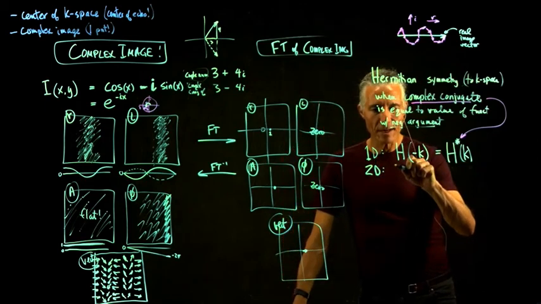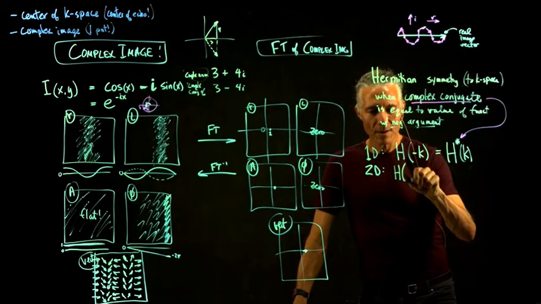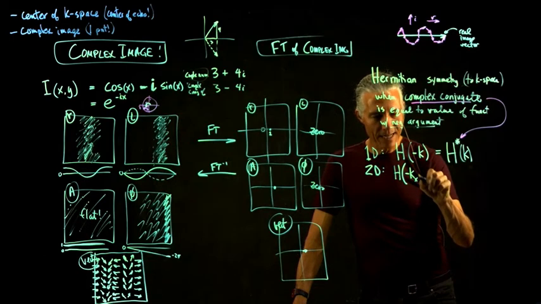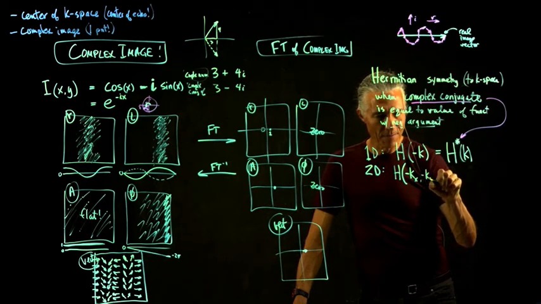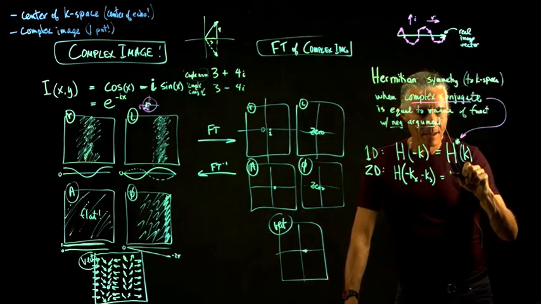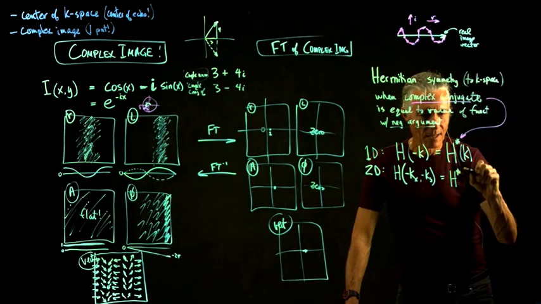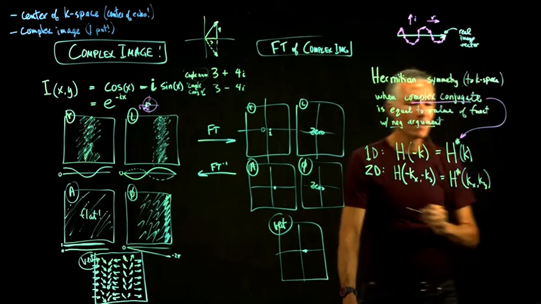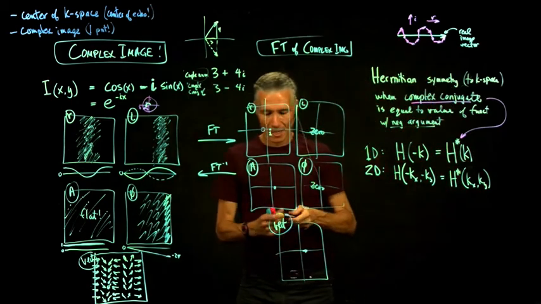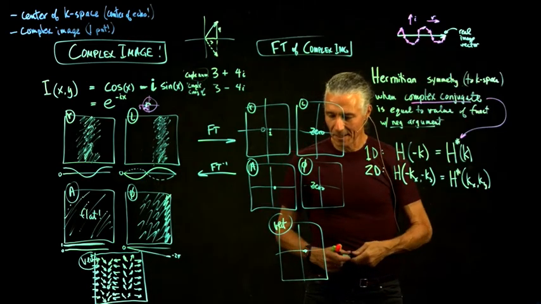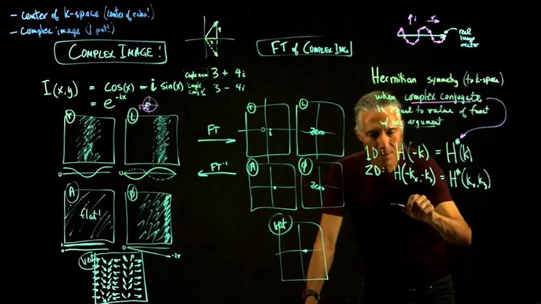So if we do it in 2D, whatever the value of the Fourier transform at minus kx, minus ky is going to be equal to the complex conjugate of the value at kx, ky. So what does that mean in actual Fourier space, kSpace?